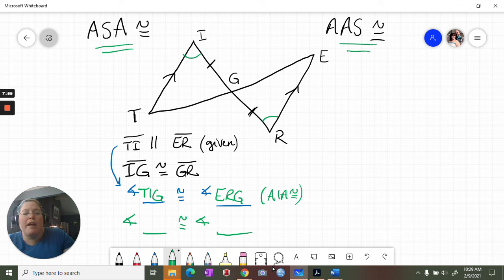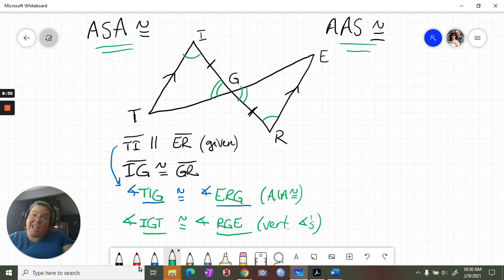Okay, and then you might also see our vertical angles. So I can say angle IGT is congruent to angle RGE because we have vertical angles. So now if I'm looking at my diagram, we are going in the order of angles along the included side to another set of angles.